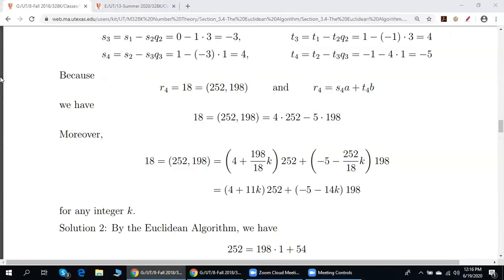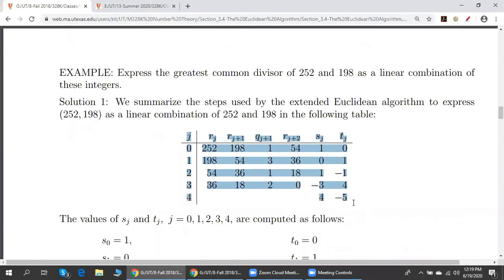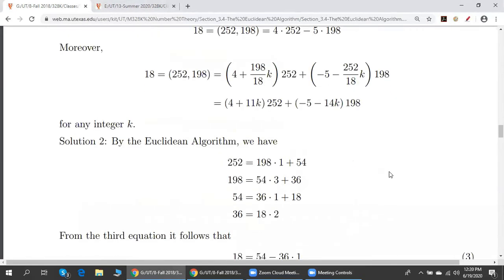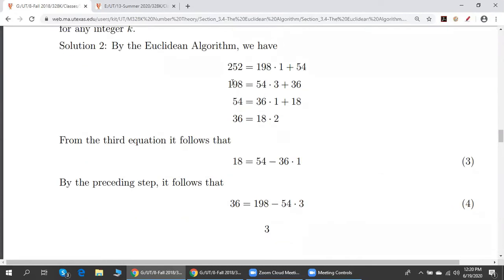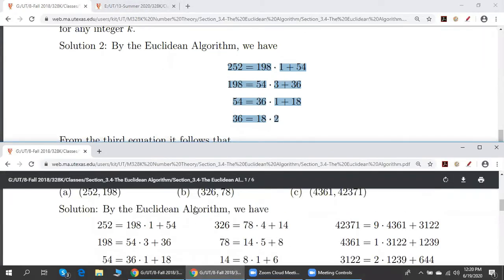So now you may ask me a question: is it possible to come up with these numbers without this table? The answer is yes. We can actually use the Euclidean algorithm only. So please take a look. Over here, we copy same thing as before. We copy this over here.